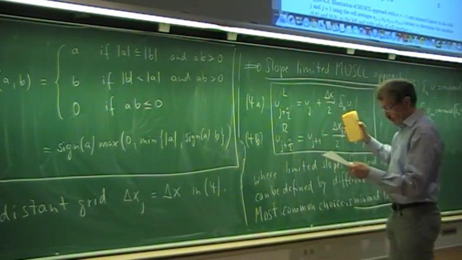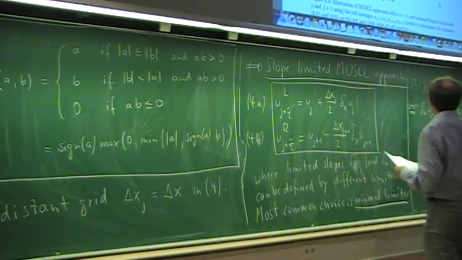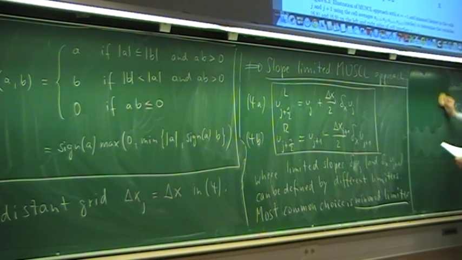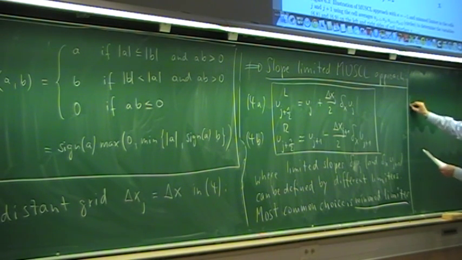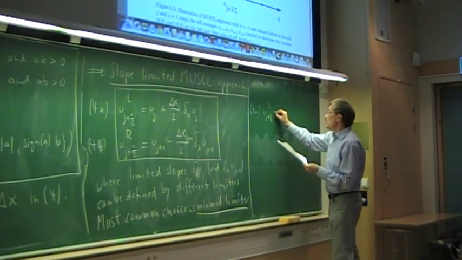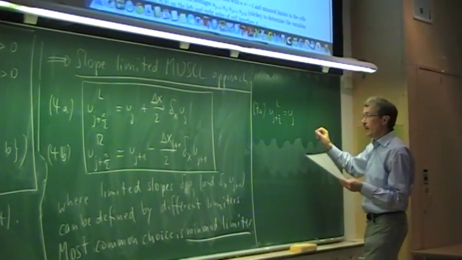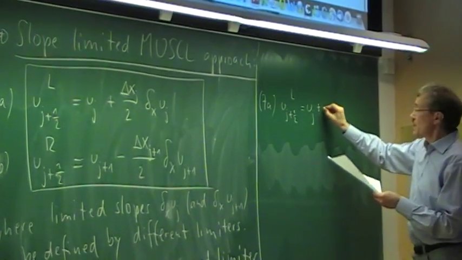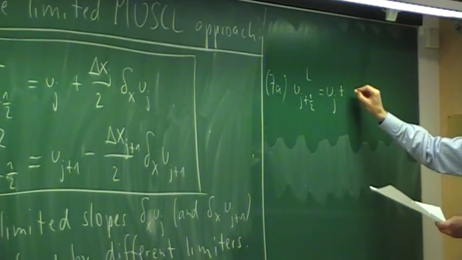So then we can write this in the following form. That would then be 7a. We have the uj plus 1/2, that is the left reconstruction, equal to the value that we have from the beginning, plus, and now we directly introduce the Minmod.